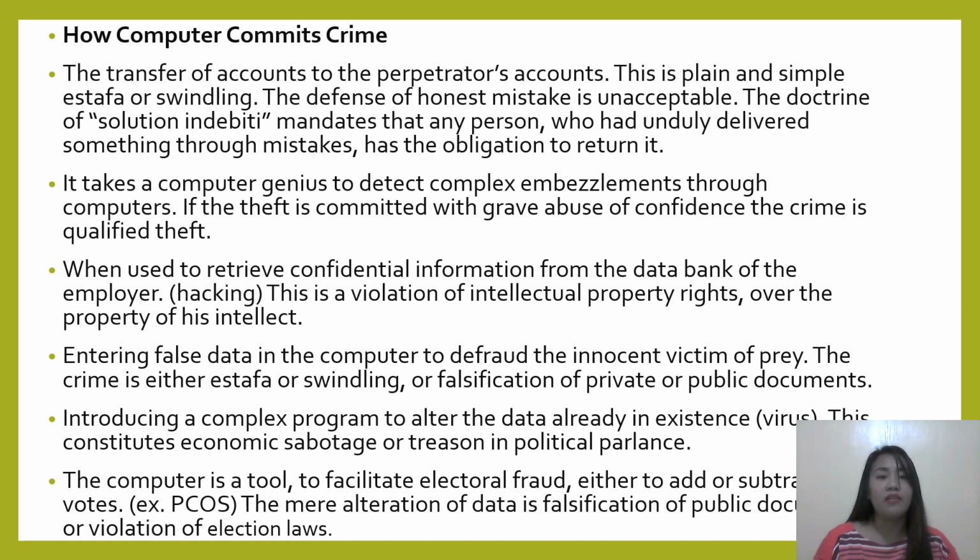The doctrine of solutio indebiti mandates that any person who had unduly delivered something through mistake has the obligation to return it. So, for example, kung nakapag-transfer ka ng laman ng account doon sa account mo as the perpetrator, yan po ay tinatawag na swindling or estafa.